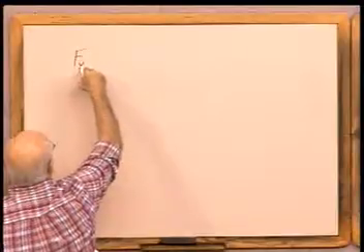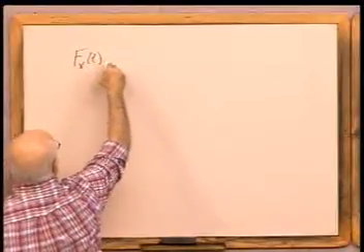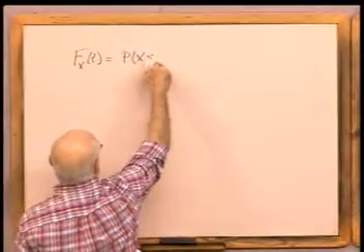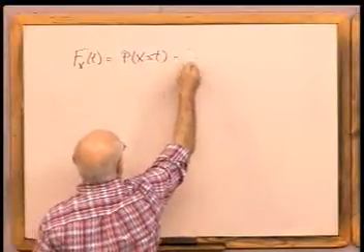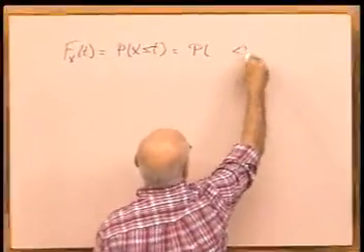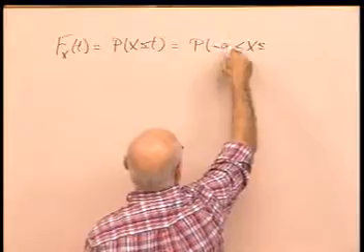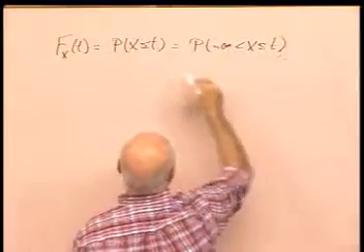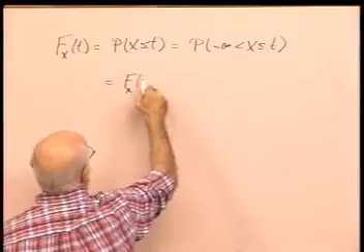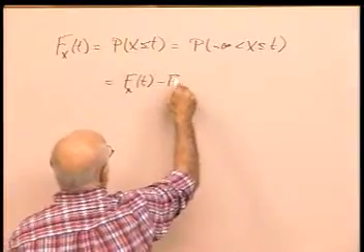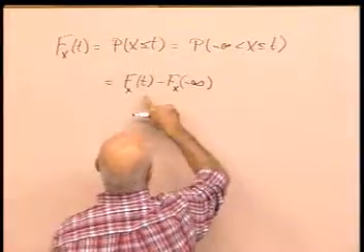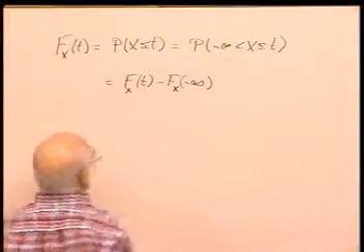The distribution function of x evaluated at t is equal to the probability that x is less than or equal to t, which is the same thing as the probability that x lies between minus infinity and t, which is the distribution function of x evaluated at t minus the distribution function of x evaluated at minus infinity. That is, the distribution function here minus the distribution function there.